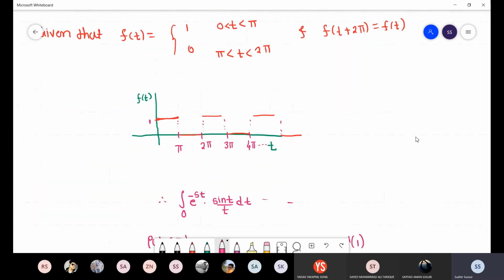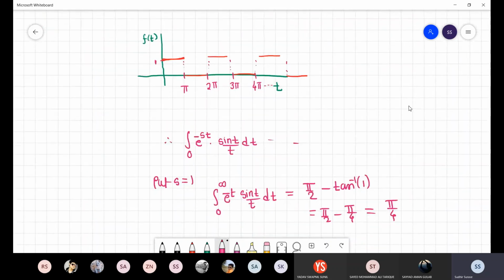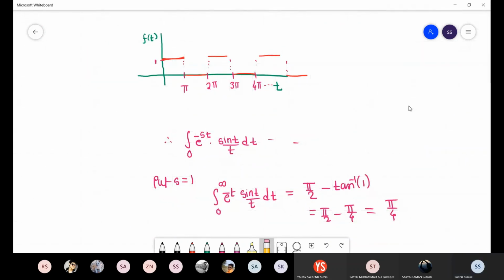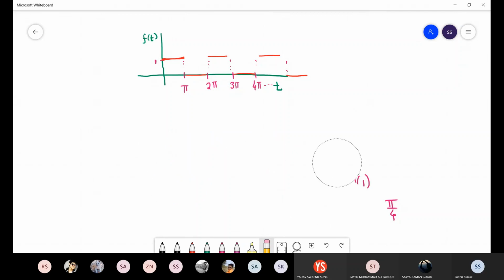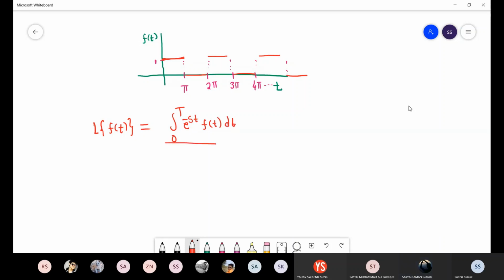Now Aman, tell me the formula. Laplace transform of f of t is equal to the integration from 0 to T of e raised to minus s t into f of t dt, upon 1 minus e raised to minus s T. What is that T?